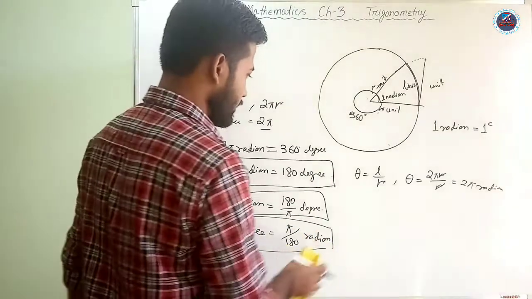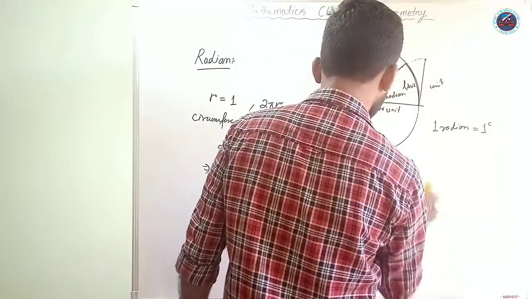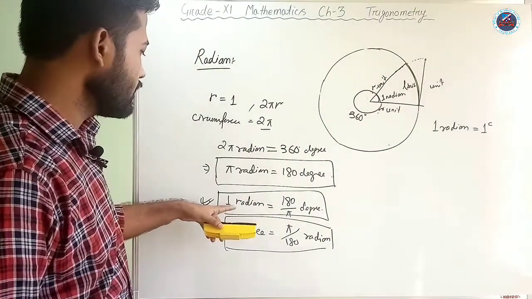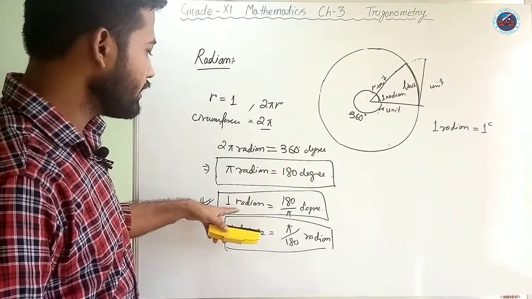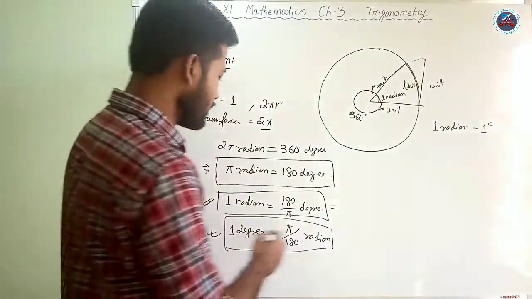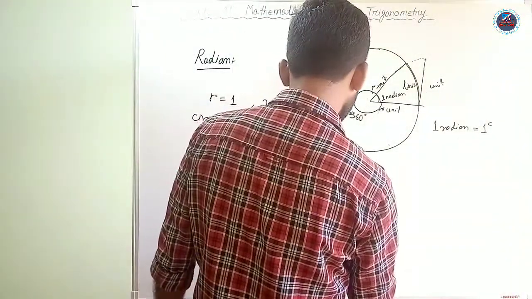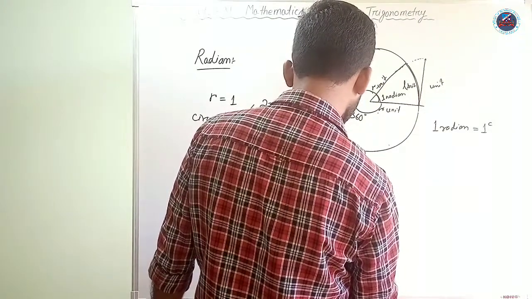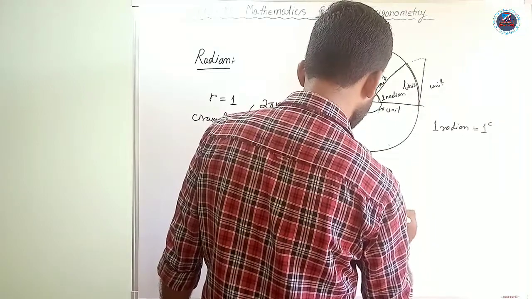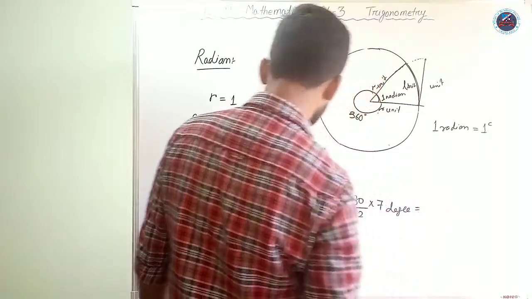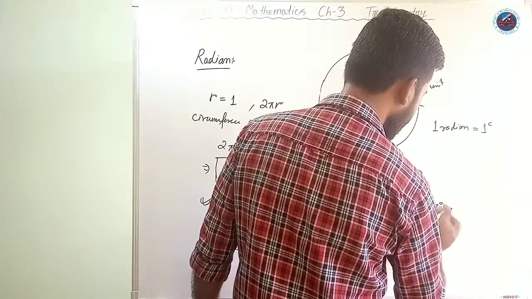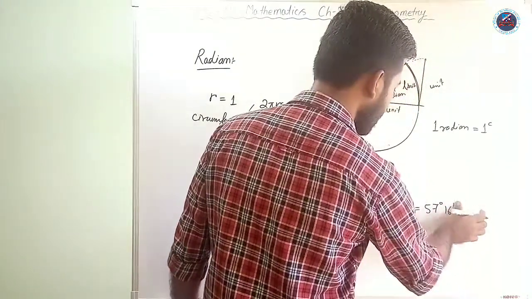Fine. So from there, since 1 radian is equal to 180 by pi degree, what is that equal to? You can see this is 180 divided by pi, taking pi as 22 by 7. That is equal to, if you calculate it, 57 degree and 16 minute.